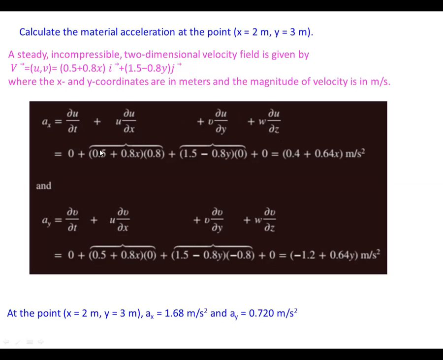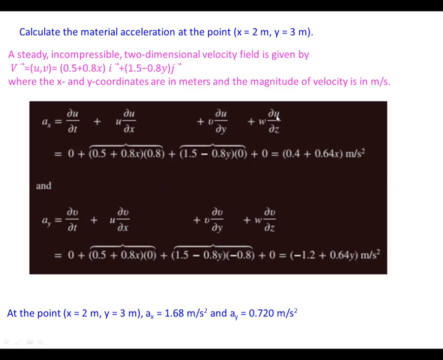Applying these, because it is steady, the time component is not available, so ∂u/∂t becomes 0. Then u is given, and ∂u/∂x is 0.8, so this quantity is multiplied by 0.8. Then for v ∂u/∂y, there is no y component, so this is 0.